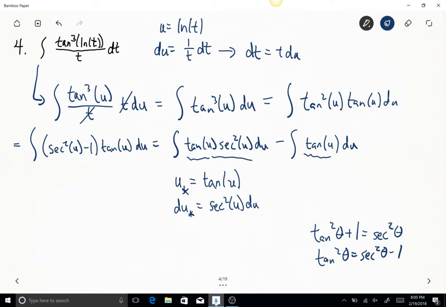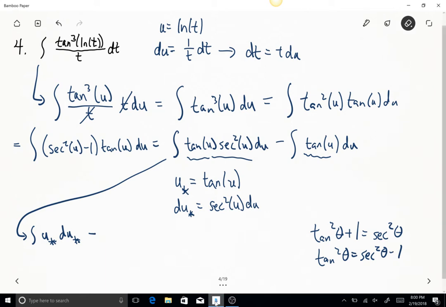I'll use them in the other one. Any ideas for the tangent of u? So I can rewrite this first part in the meantime. We'll rewrite this integral as just, well, notice this is just u star du star minus, now you might want to write, this one's tricky because it tends to trip up a lot of people. That tangent of u, there might be another way you want to write that. Any ideas there?